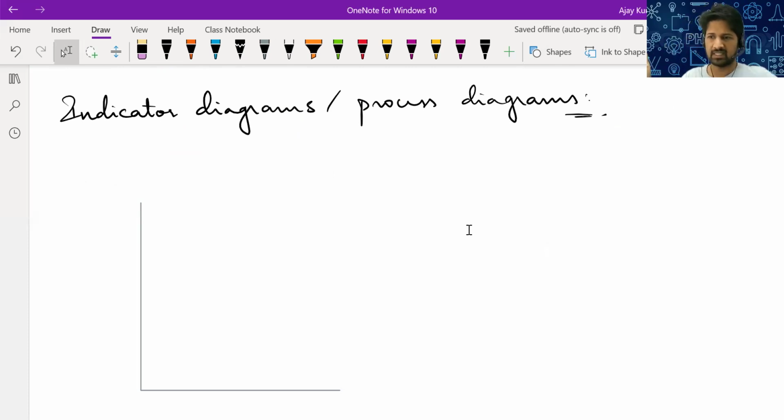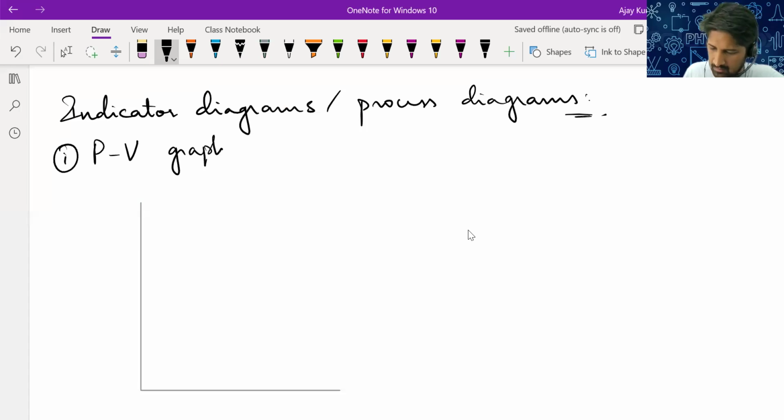As the process is carried out, it shows how pressure and volume vary with respect to each other. Suppose you want to draw the PV graph. It is your choice whether you want to take pressure on the y-axis or volume on the y-axis. Generally, pressure is taken on the y-axis and volume on the x-axis. It's not a rule, but usually it is done like this.